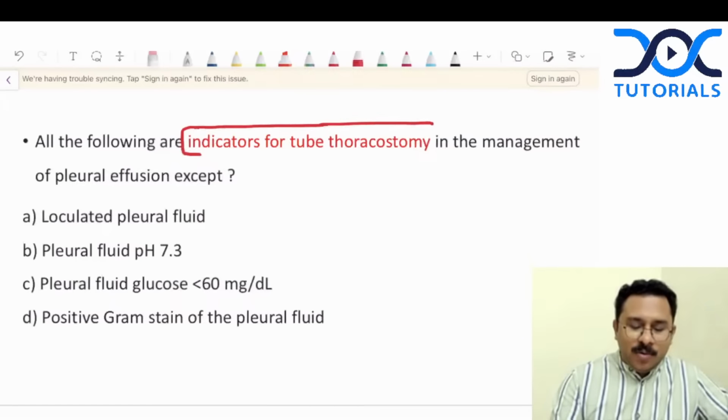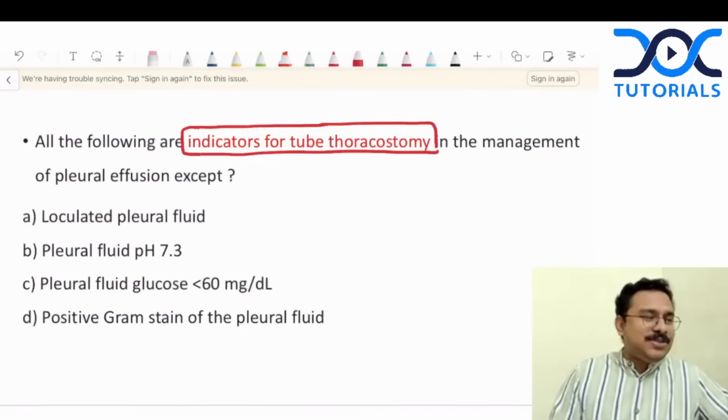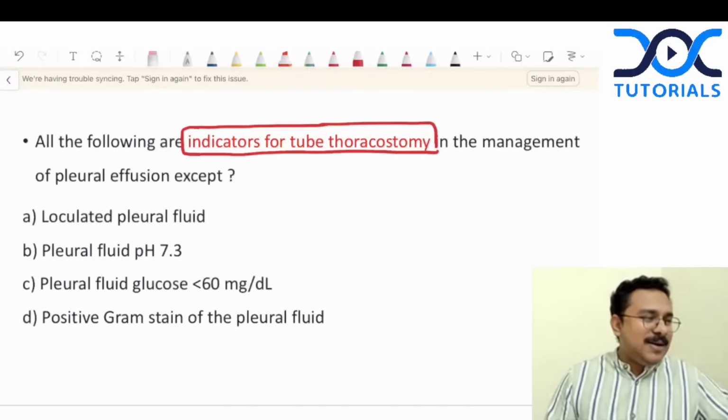Can you let me know what are the indications for tube thoracostomy? Is it loculated pleural fluid, pH 7.3, pleural fluid glucose less than 60, or a positive gram stain of the pleural fluid? I'm going to tell you some important MCQs here. There is one additional bonus MCQ that you're going to get from this. So what is the answer?